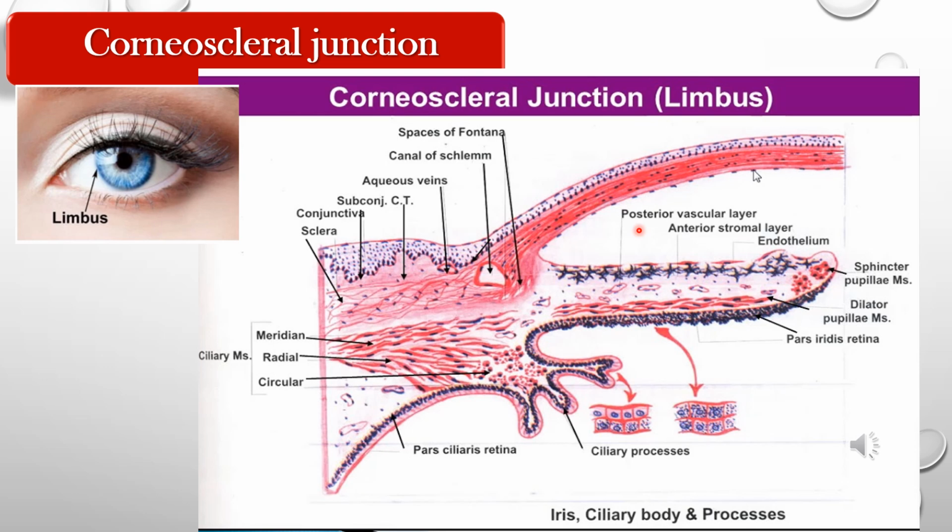The Descemet's membrane splits to form trabecular meshwork or pectinate ligament, enclosing small spaces called spaces of Fontana. The corneal endothelium lines the canal of Schlemm and the spaces of Fontana.